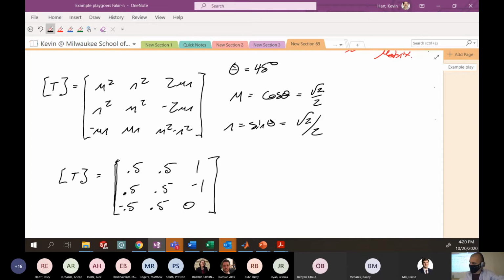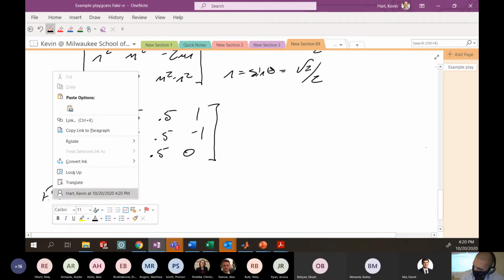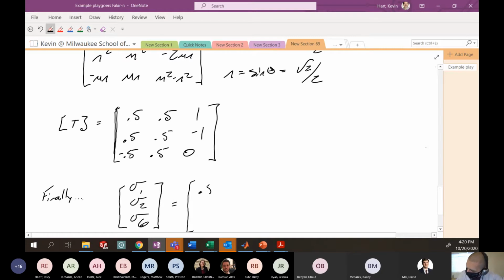Cool? All right, so finally, sigma 1, sigma 2, sigma 6. These are the stresses in principal coordinates. This is going to be equal to my transformation matrix multiplied by my original stress vector that I had up there.